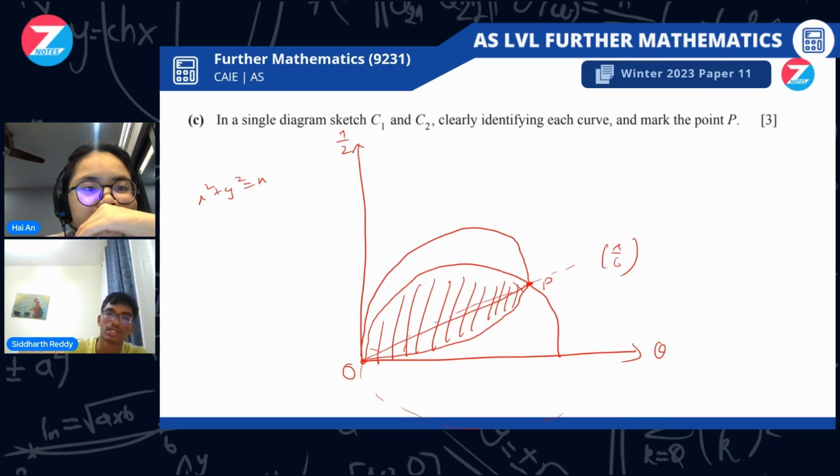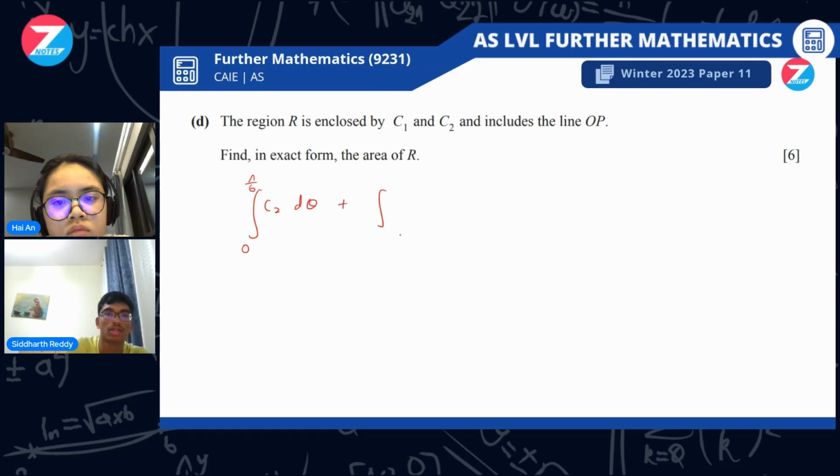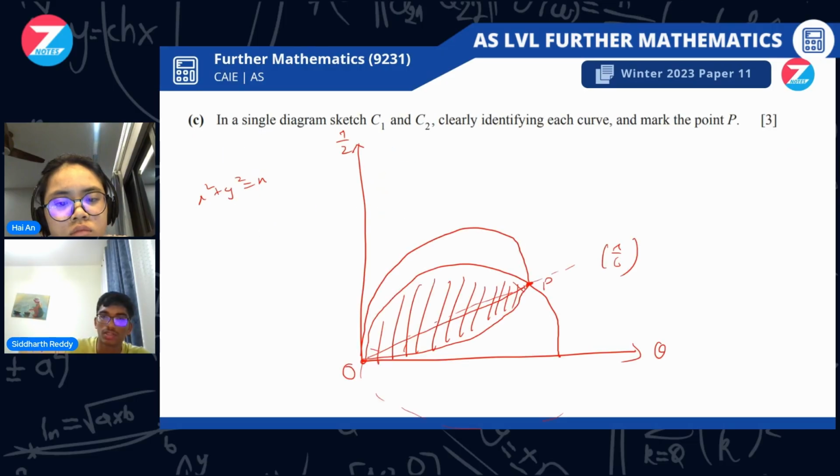If you notice, it's actually just going to be the integral from 0 to pi by 6 of C2 d theta plus the integral from pi by 6 to pi by 2, which is this line, right? So we're calculating in two parts, one before the line and one after the line. The part before the line is the integral from 0 to pi by 6 of C2, and after the line will be from pi by 6 to pi by 2 of C1.